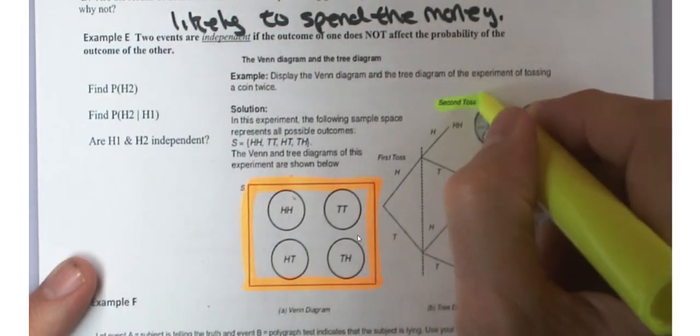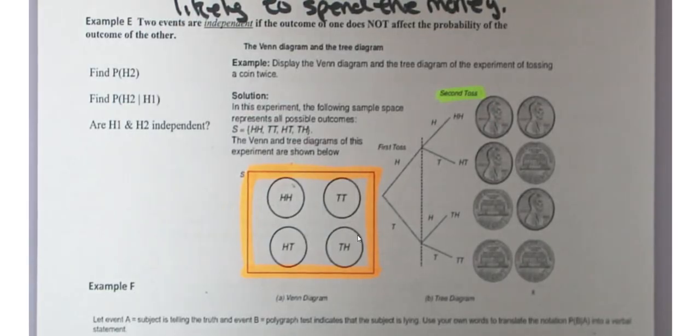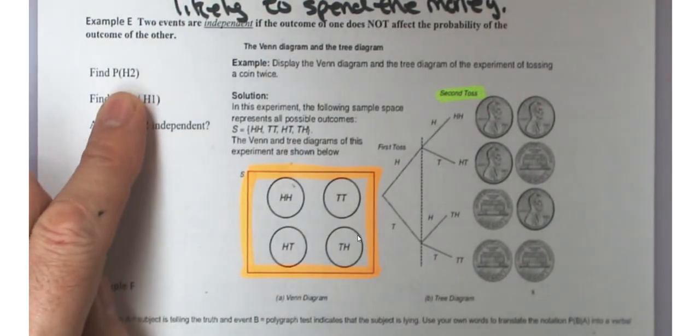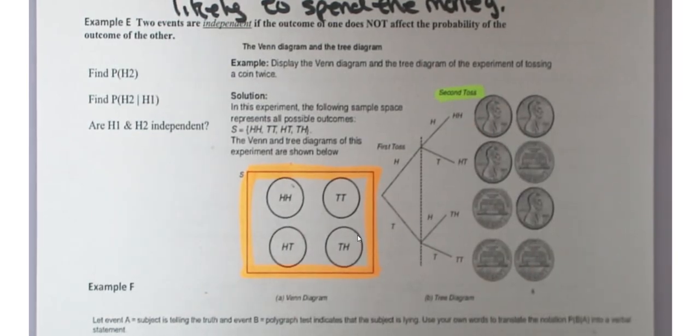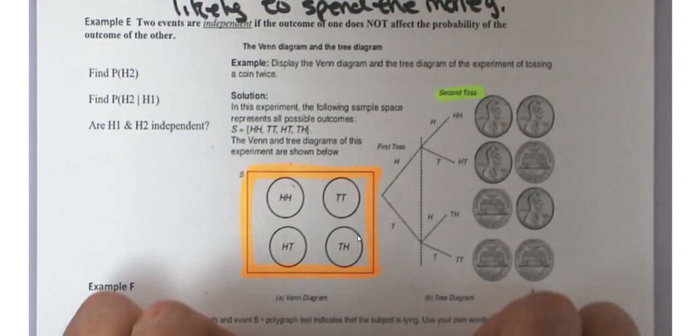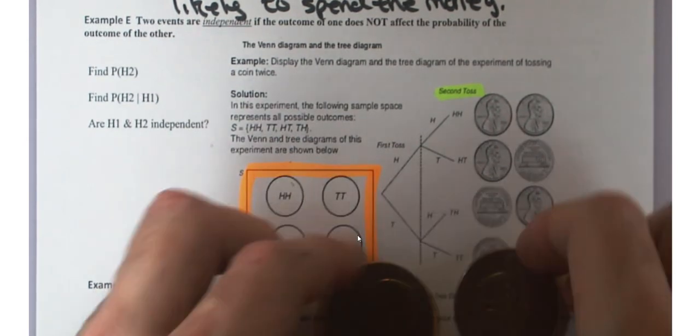But either way, let's look at a couple things. Let's look at the probability of a head on the second flip. You're going to flip 2 coins. These are all the things that can happen. What's the probability of a head on the second flip?